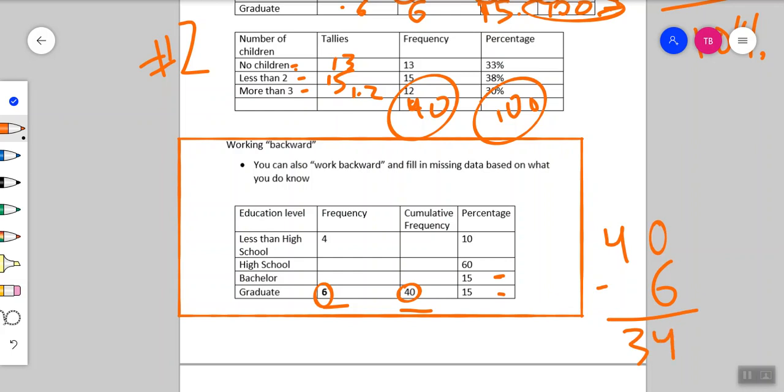So we know then the cumulative frequency here is 34, because we know that there's 6 added to it. We could also have our 6 here, because we know that's the 6. And same idea. You could do this category, then 34 minus 6 is 28. So we know cumulative frequency here is 28.